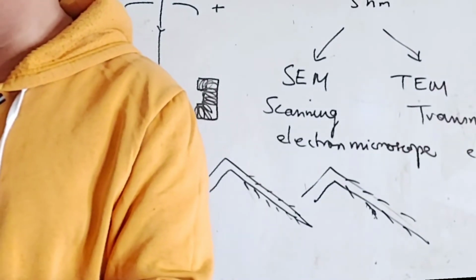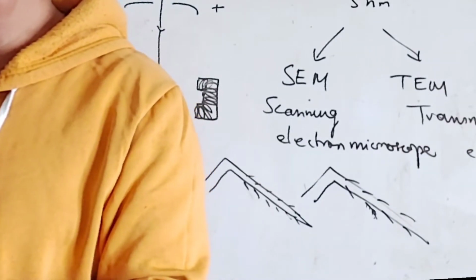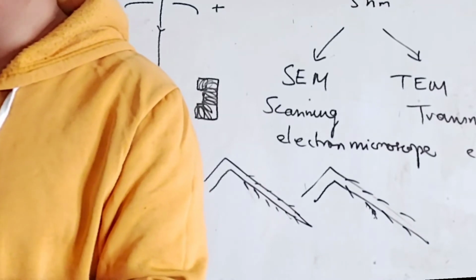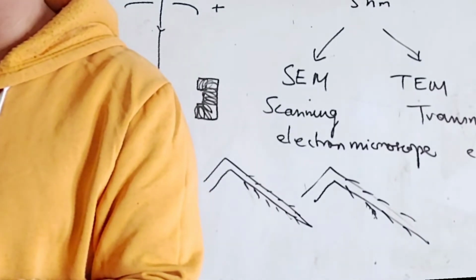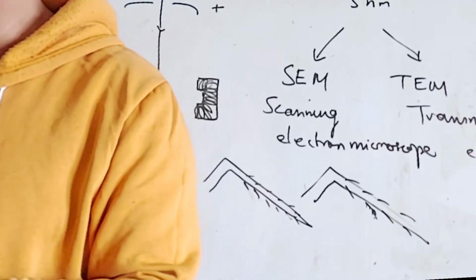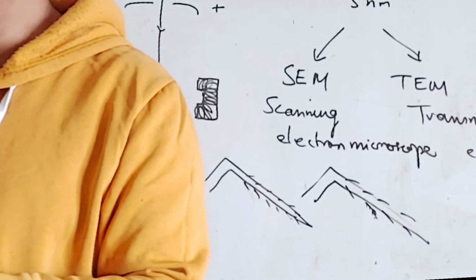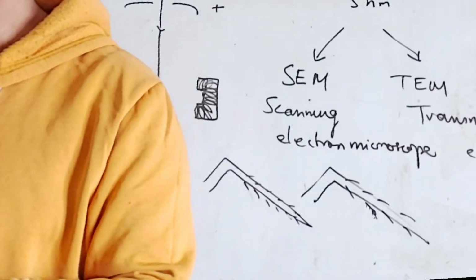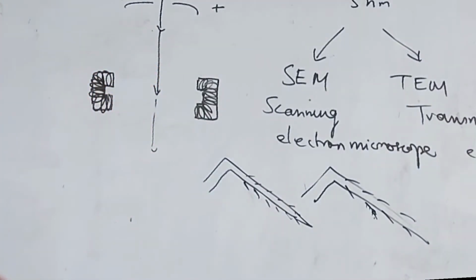That is the transmitted ray. Of course, whatever you are seeing is also a surface picture. This is not the correct example of TEM. I wanted to symbolize what is meant by transmission.